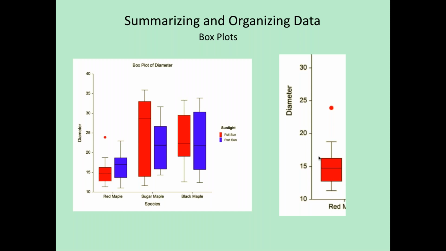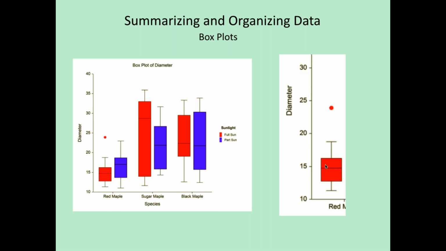So I'm looking at this box plot on the right, and I can tell that of the trees that were sampled, the smallest diameter was about 12 inches. The biggest diameter was about 18 inches, right? The other thing I can tell is this line in the middle represents the median, the middle value, not the average.